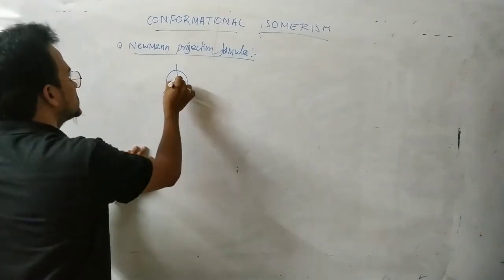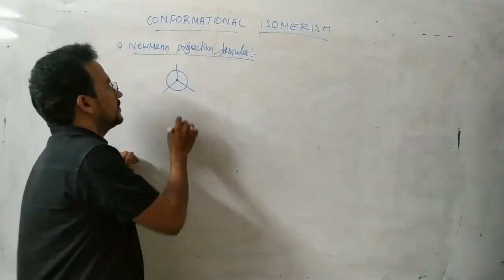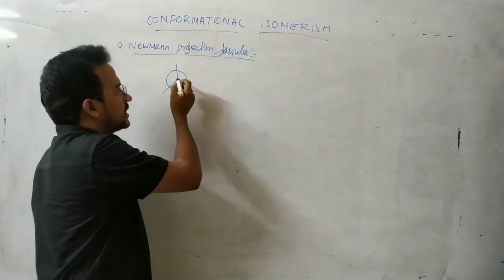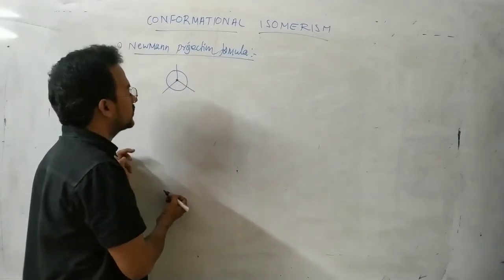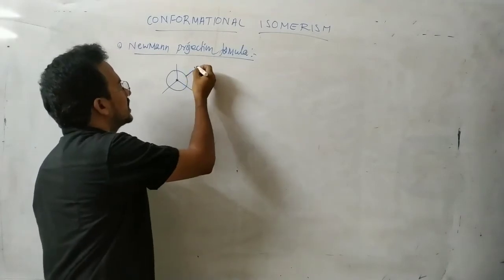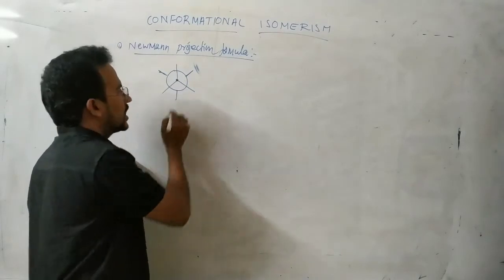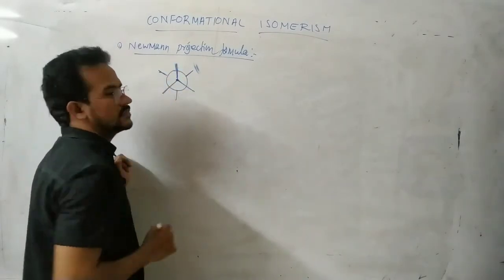The circle is one carbon, and this point is the other carbon, with a bond between them. On the circle carbon there are three remaining bonds. On this point carbon there is one bond, a second bond, and a third bond.